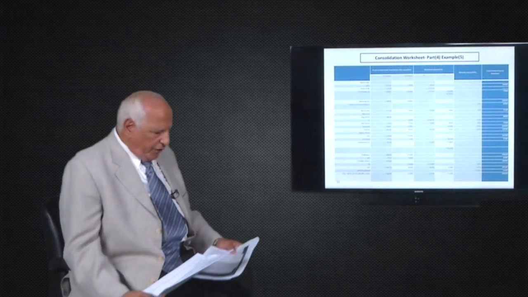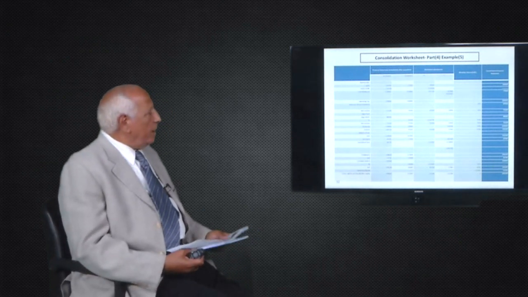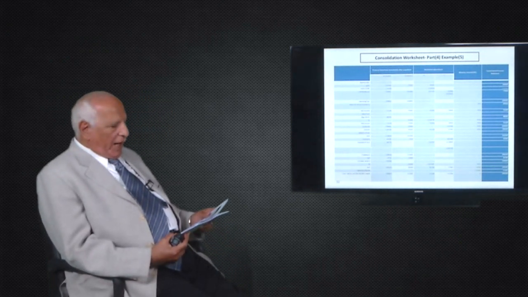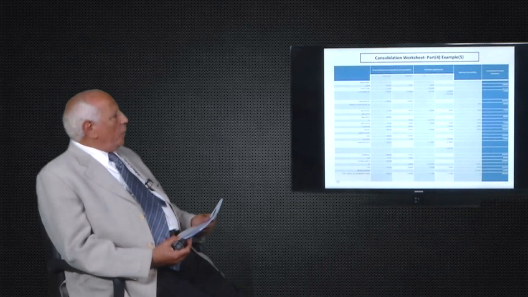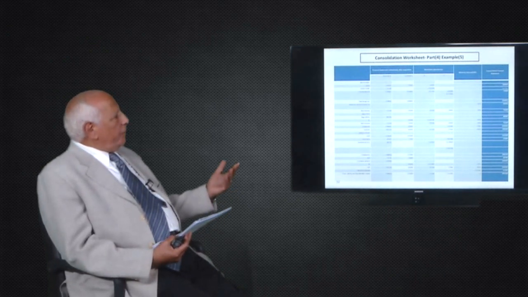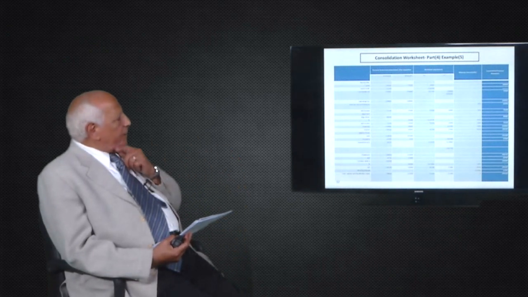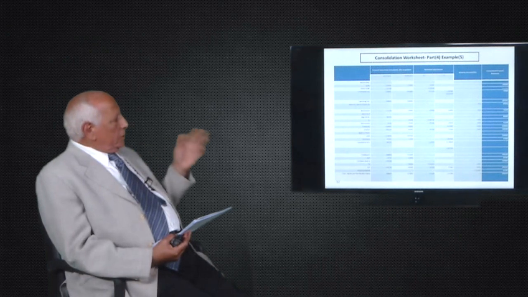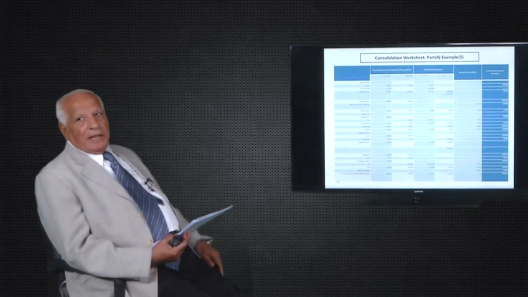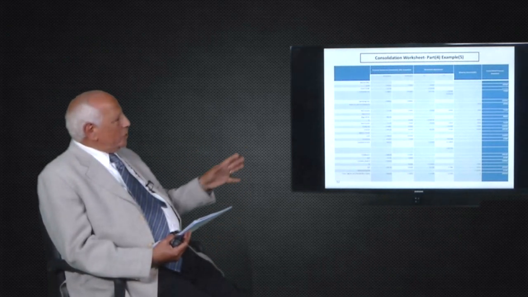Start with the worksheet first. That's example part 4, example 5. If you look at the income statement, how to put the income statement. After the income statement, you have retained earning and you have the balance sheet. This one here needs more clarification.